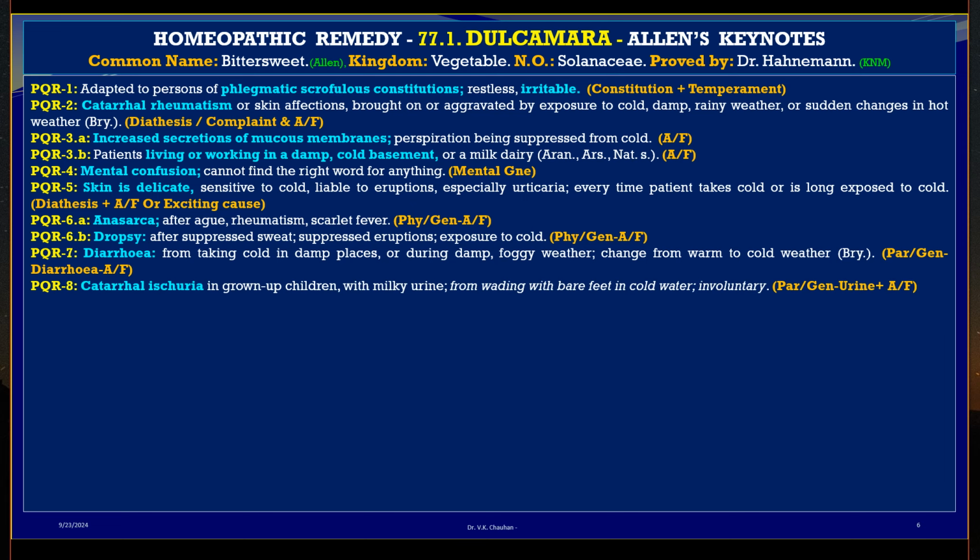Now we have PQR8, catarrhal uria in grown-up children with milky urine from bathing with bare feet in cold water, involuntary. So there are urinary problems in growing children, or you can say in adults, or adolescents, with milky urine.